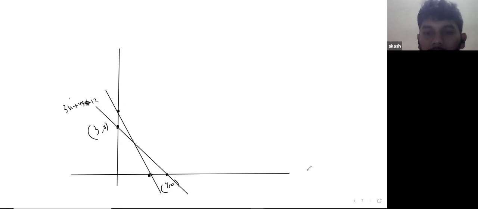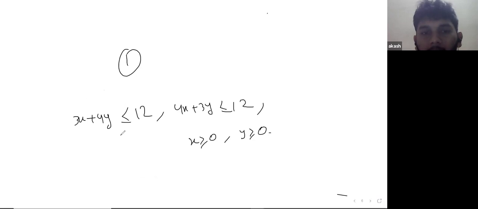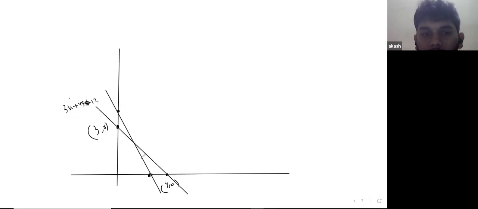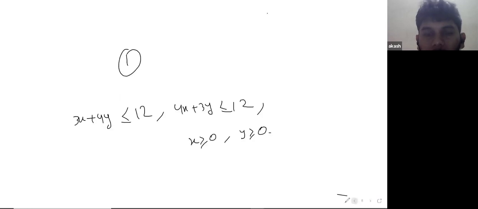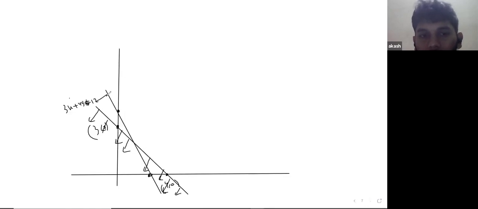Okay, for the first equation, if origin is satisfying, so this is the part. For the second equation, 0, 0 is also satisfying. So this is the part.